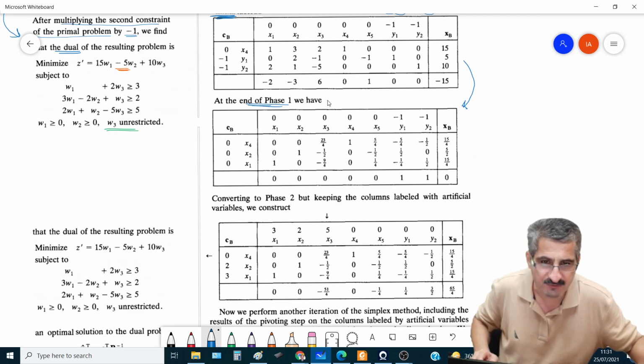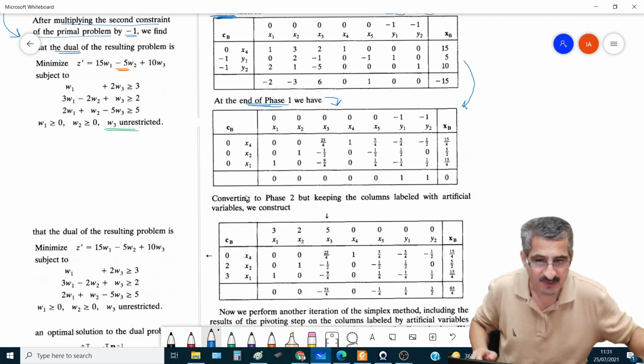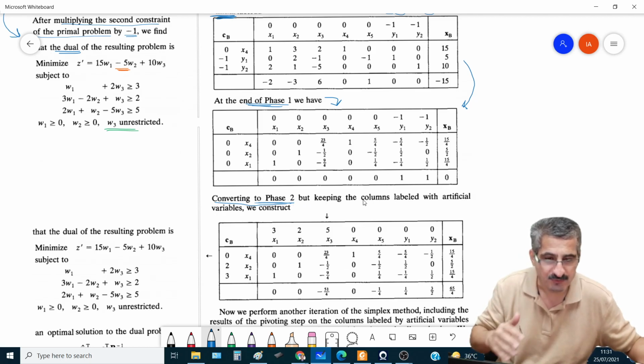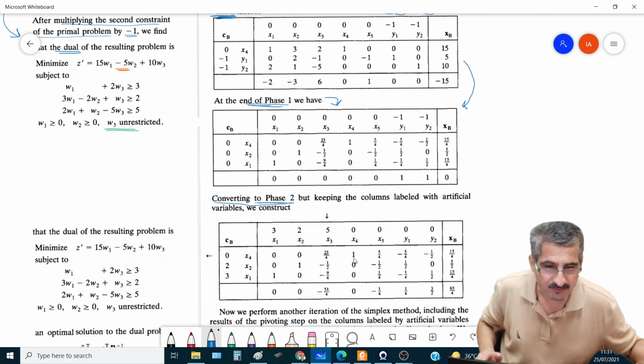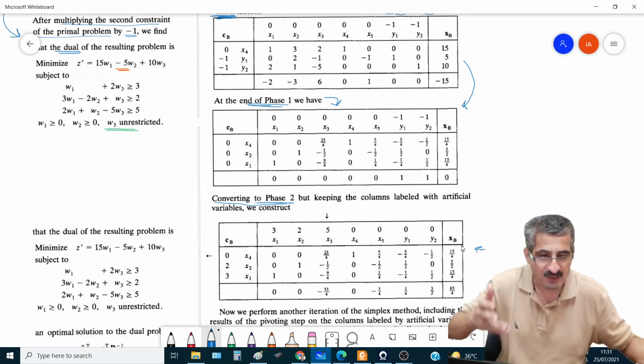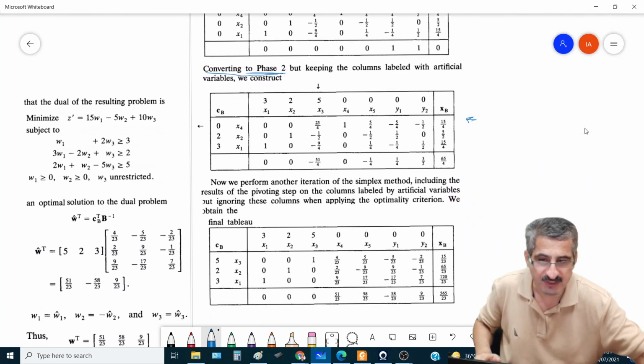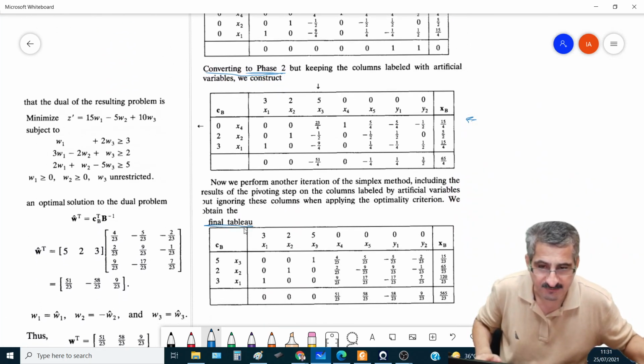We get this table. Now, convert it to page 2, and you know how to make that. Now, this is page 2. We start with this table. Now, do pivoting, and then we reach the final table.